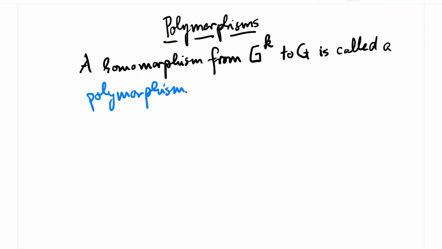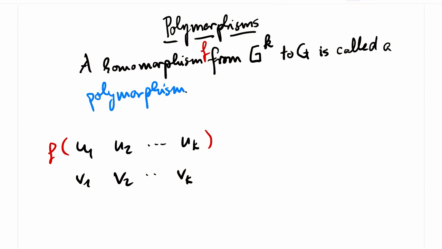What does this mean concretely? Suppose we have edges u1, v1, u2, v2, and so on, until uk, vk. We can then apply our map, our homomorphism, let's call it f, to the first points of those edges, u1 up to uk, and we'll obtain a new vertex u0.